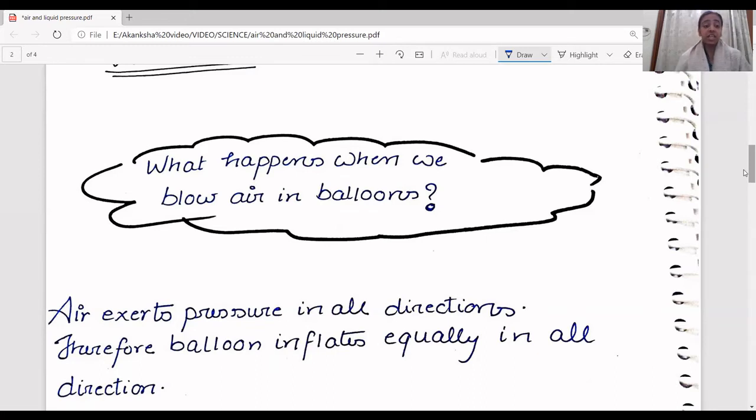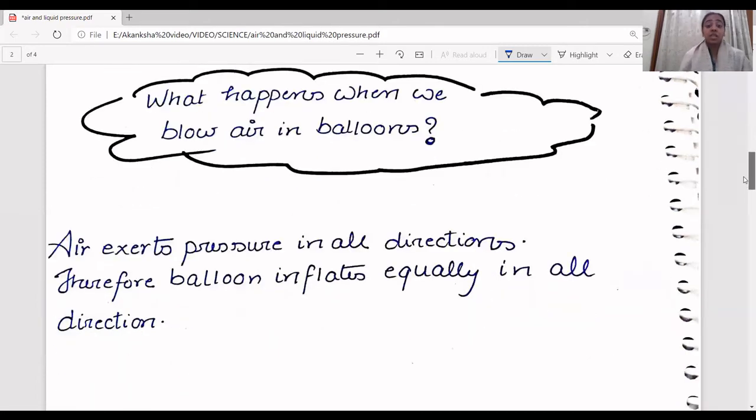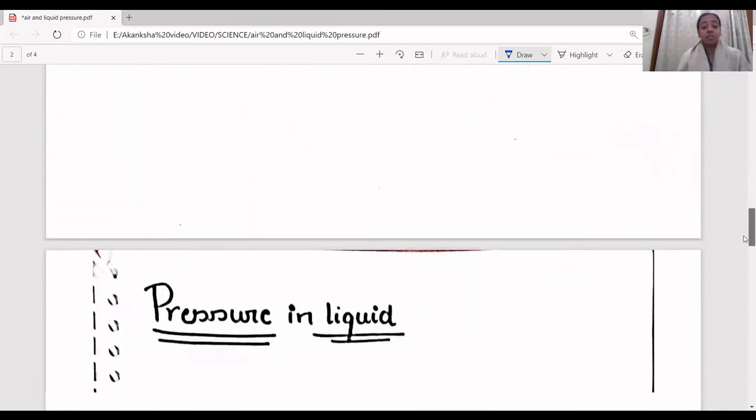Try and understand that air is going to exert pressure in all the directions. If it is in a confined area, it is going to work even better. So when we are filling air into a balloon, it inflates equally in all directions, and that is one of the best examples of air pressure. So that is all about air pressure.